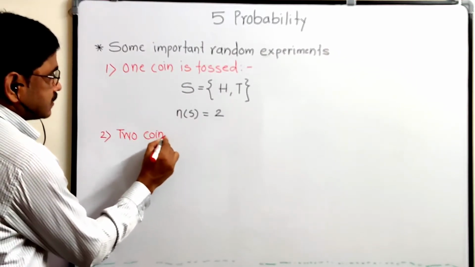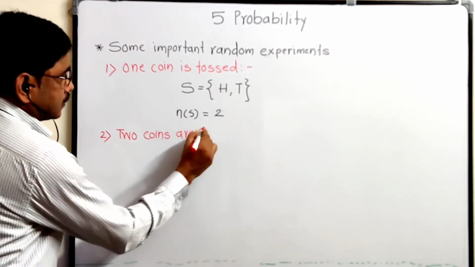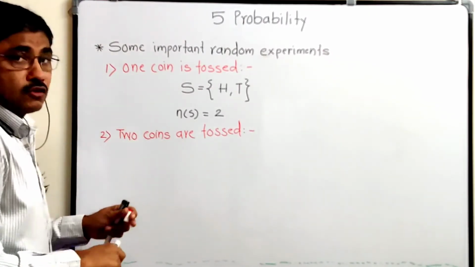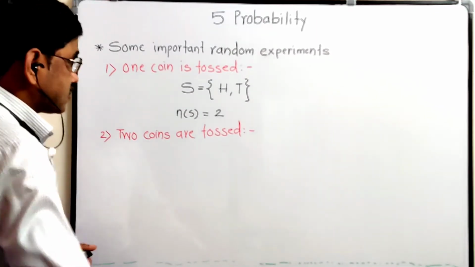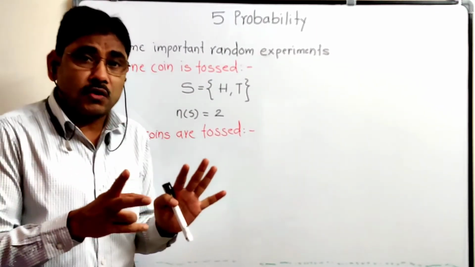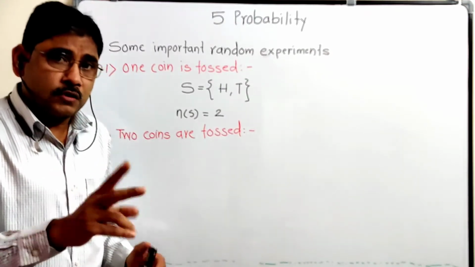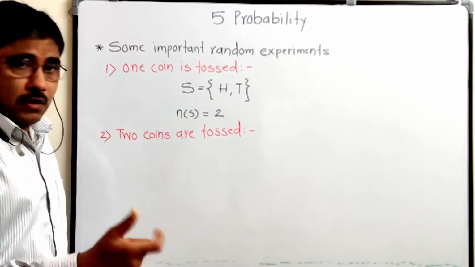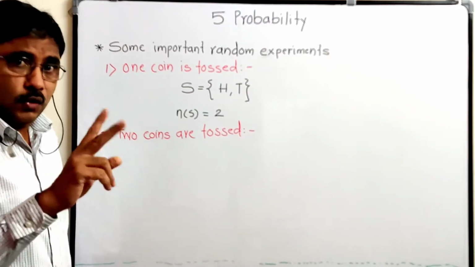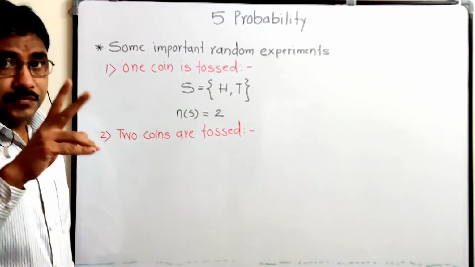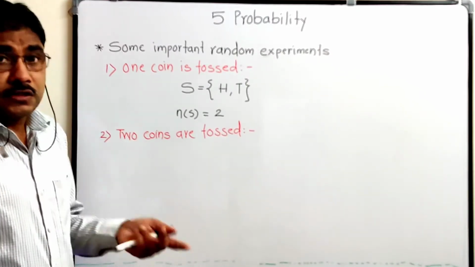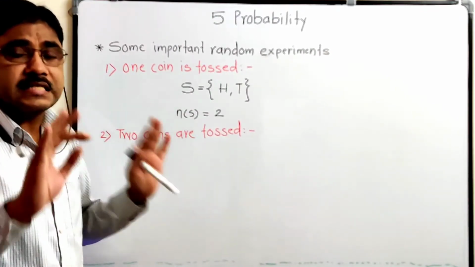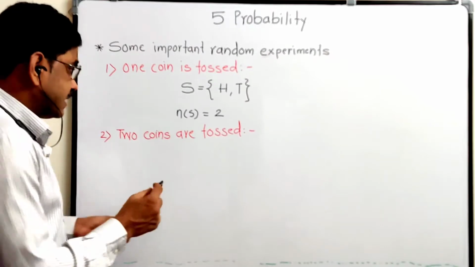Remember one thing: when we toss a single coin 2 times, or toss 2 coins simultaneously, both results are the same.